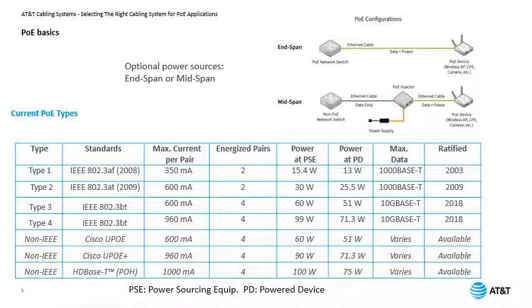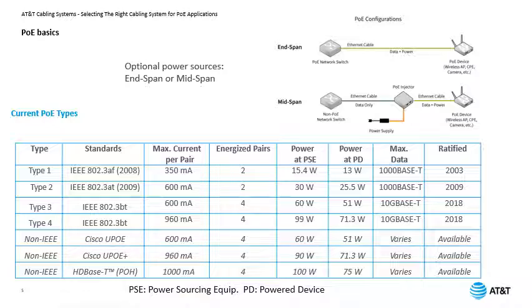And you can see from the table the power required at the PSE. It is varied from 15.4 watt on type 1, 30 watt on type 2, 60 watt and 99 watt or almost 100 watt on type 3 and type 4. All of those are standardized by IEEE and the standard codes are shown.